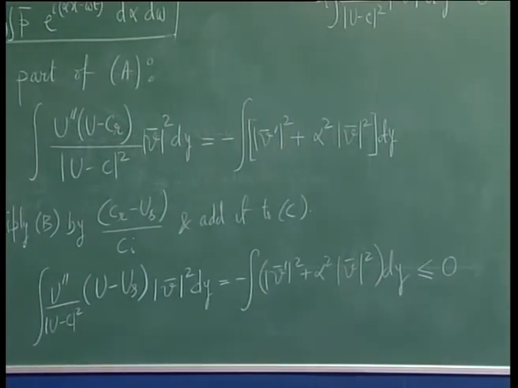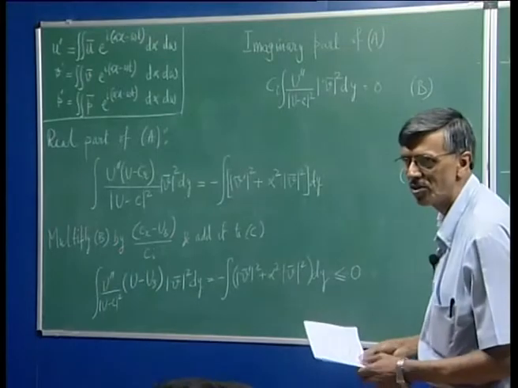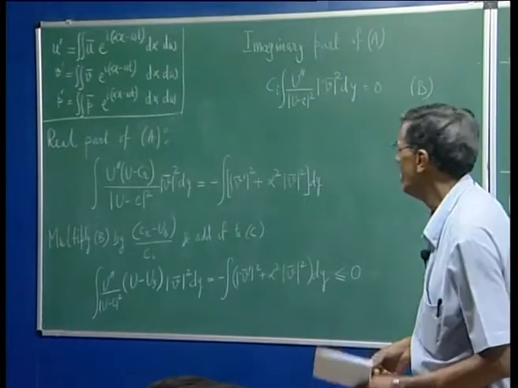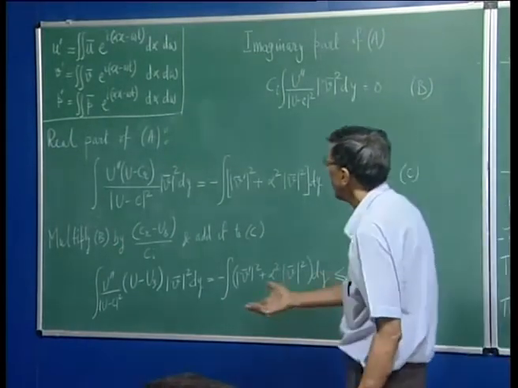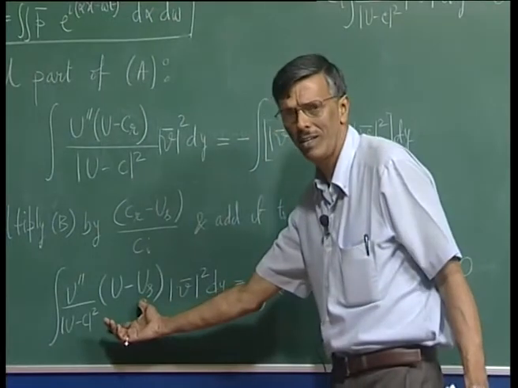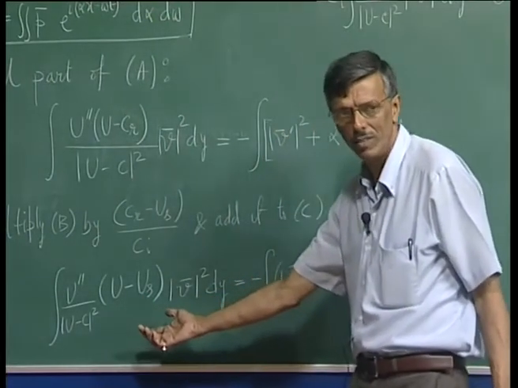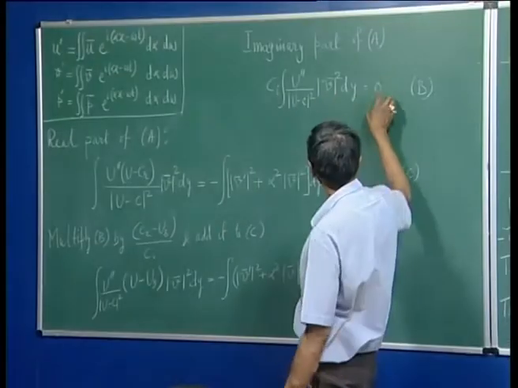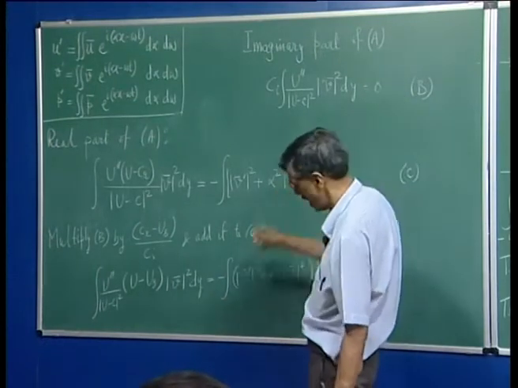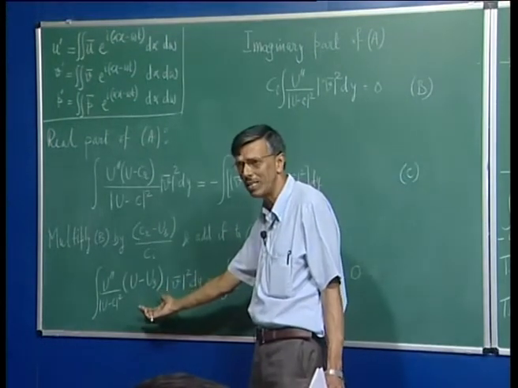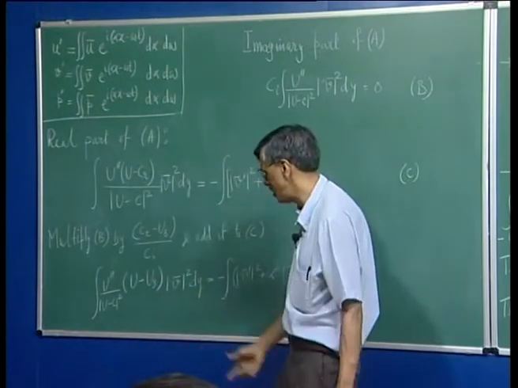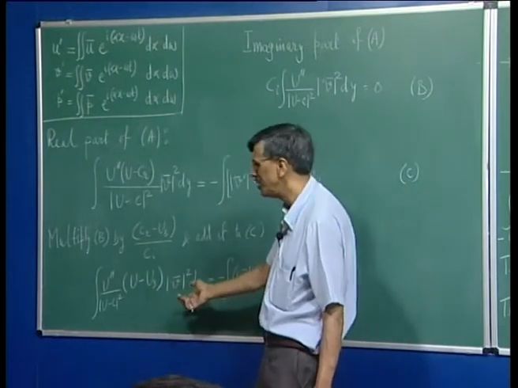Now, you can clearly see what Fjortoft's theorem is giving us. Fjortoft's theorem is saying that this quantity has to be negative, right. The imaginary part was strictly equal to 0, but here what we are saying is that this quantity has to be negative, and if this quantity has to be negative, then what happens?